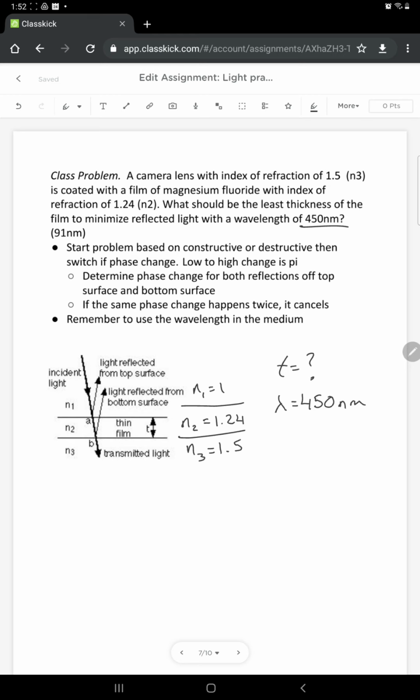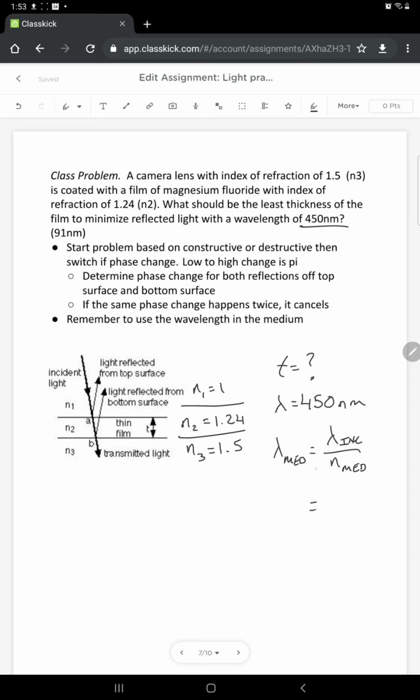All right, the first thing you want to do is find the lambda we need, which is actually the lambda in the film. The lambda incident is the one coming in, but lambda medium is what we want. Lambda medium is going to be the incident wavelength, that 450, divided by the index of the medium.